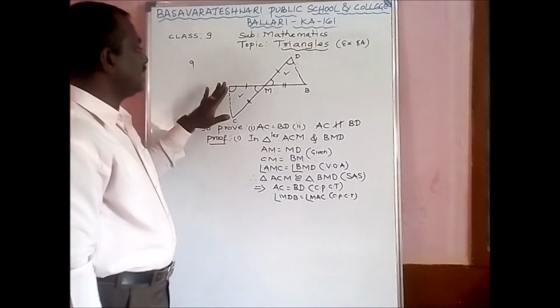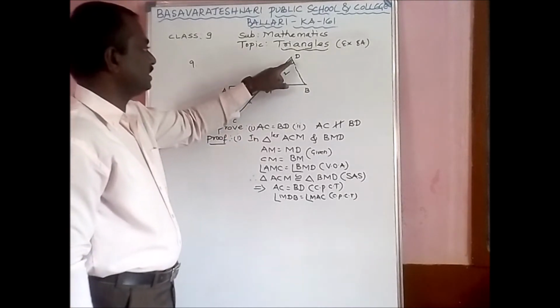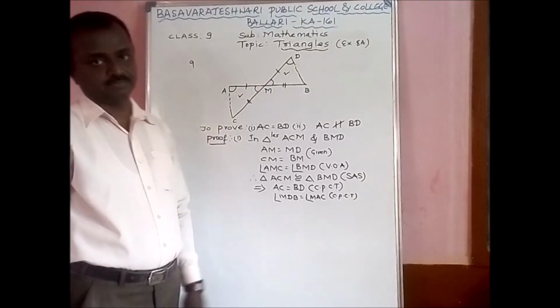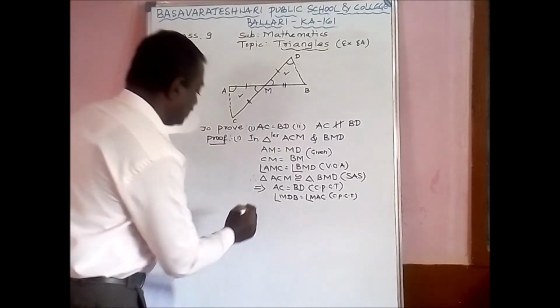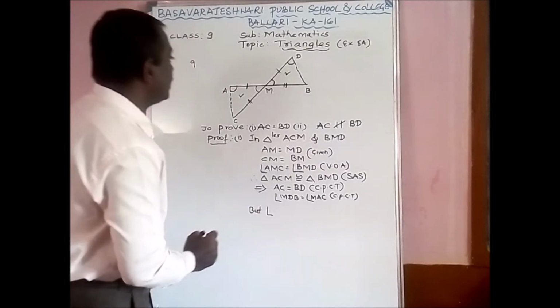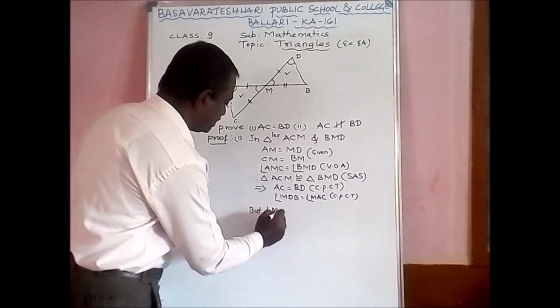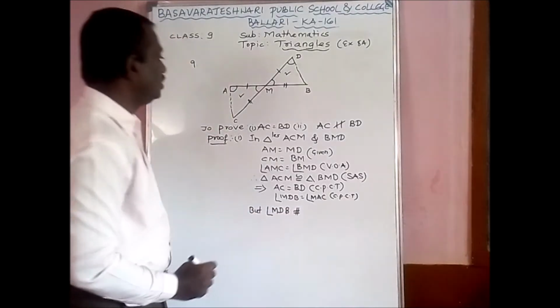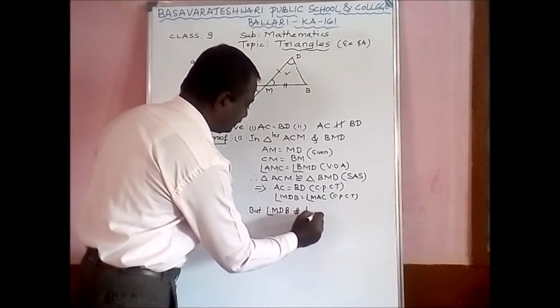Why? Alternate angles would mean angle MDB should be equal to angle MCA. But angle MDB is not equal to angle MCA.